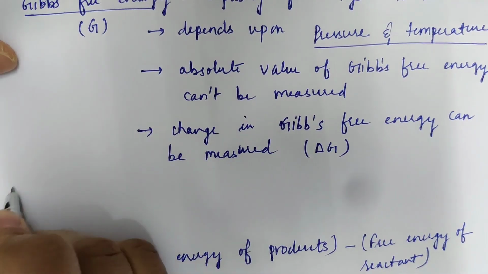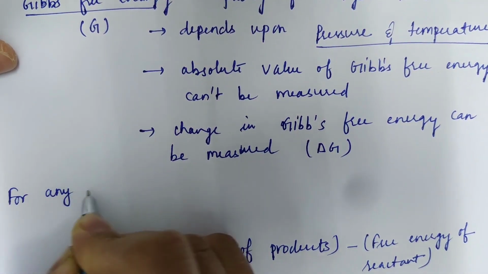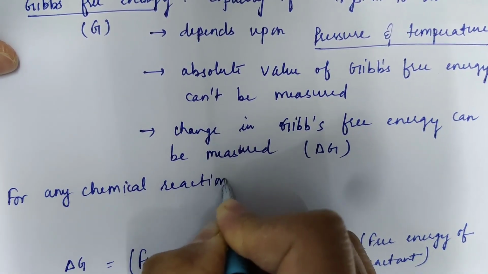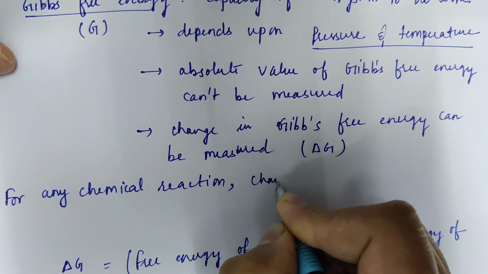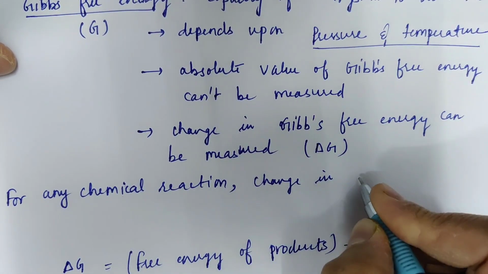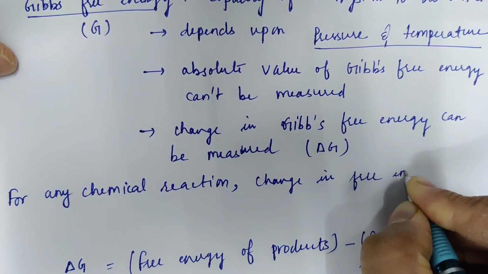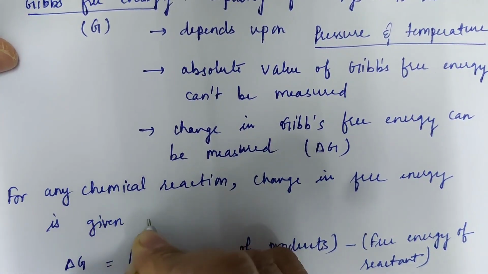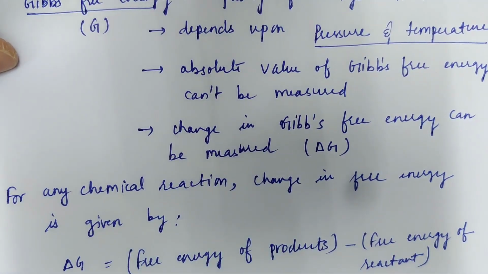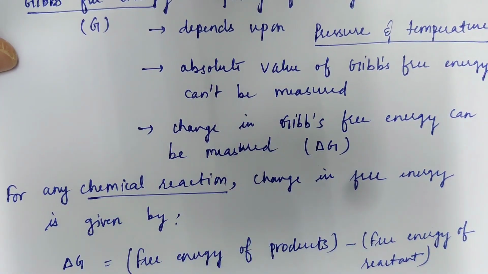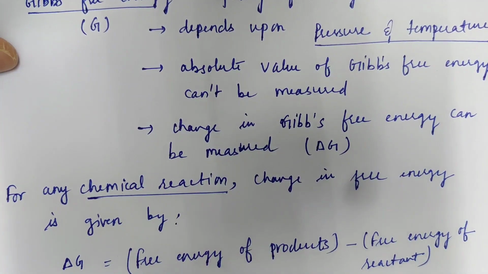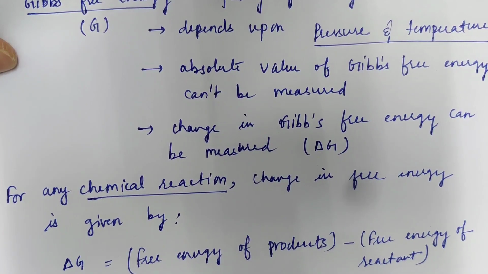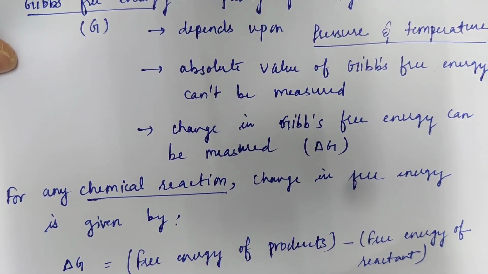So for any chemical reaction, the change in free energy is given in this way. We can also write it as Gibbs free energy of product minus Gibbs free energy of reactant.